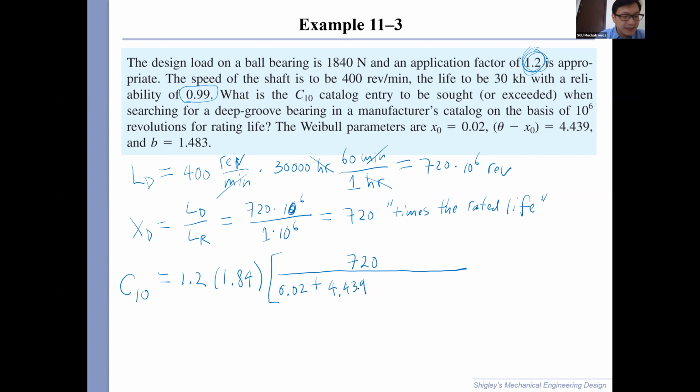This is theta minus X0. 1 minus 99%. That's B. Again, these all come from Weibull.